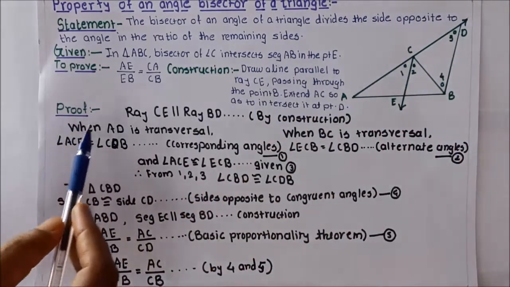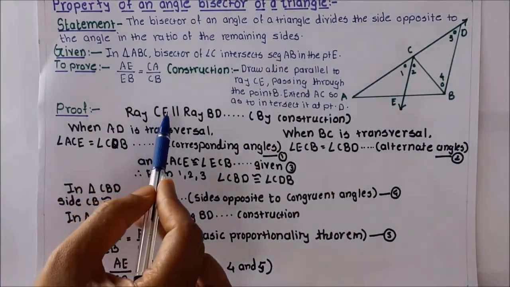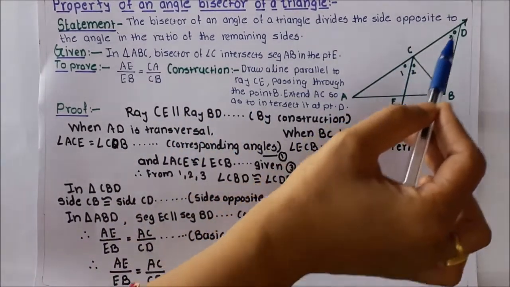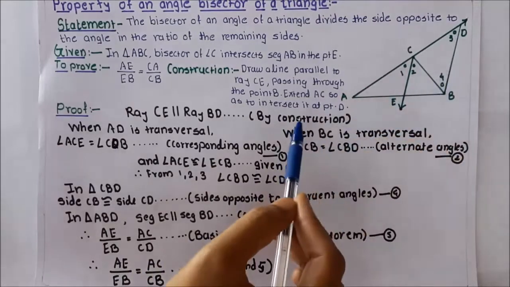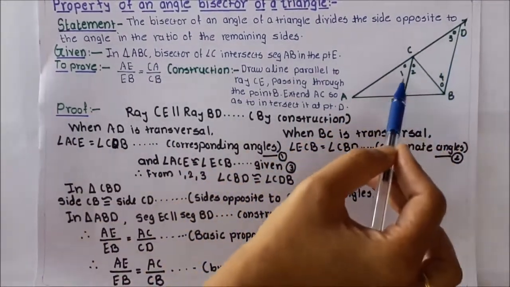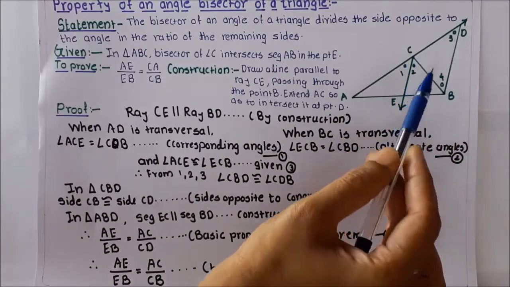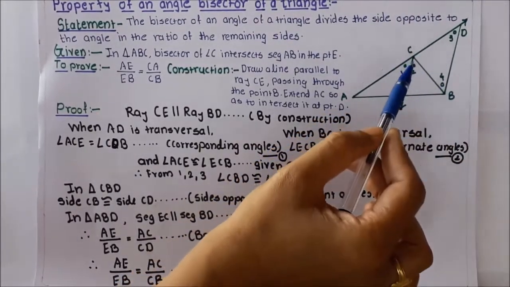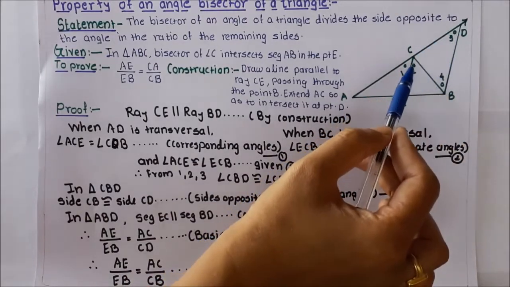Now the proof: ray CE is parallel to ray BD by construction. As these are parallel, you can see there are two transversals. One is transversal BC and the second is transversal AD.